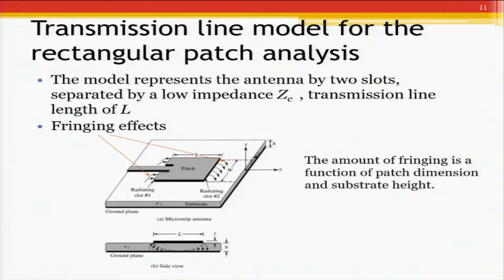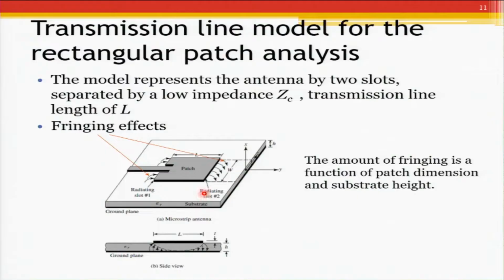If you look at the side view, you see a rectangular opening here, so we call it a slot. And then this other one on the end here is another radiating slot. So there are two slots, slot number 1 and slot number 2.